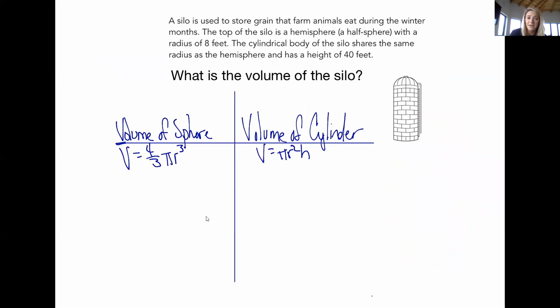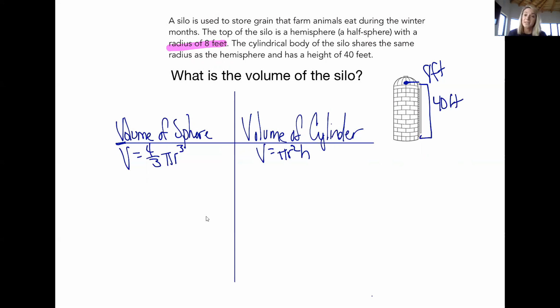I'm going to substitute in my values, and it tells me that it's a radius of 8 feet, and that radius of 8 feet is the same for the cylinder as well as that sphere. And I also know that the height of this figure is 40 feet.